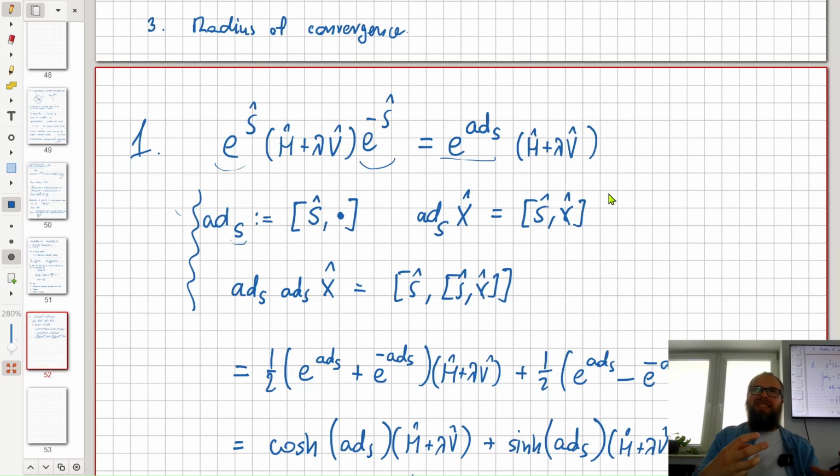If you act on it with the adjoint of S again, you go back to block diagonal. So essentially, even powers of the adjoint of S keep you in the block diagonal space. Odd powers kick you out, right?